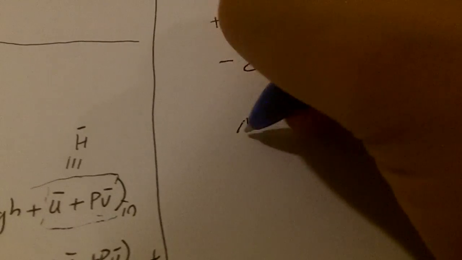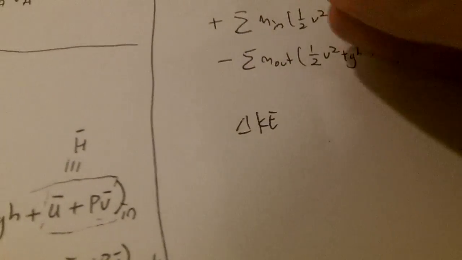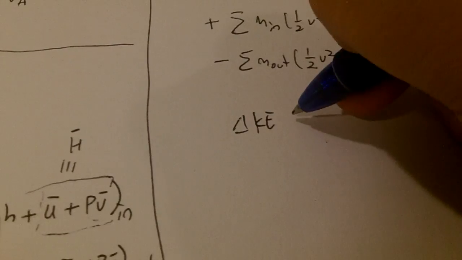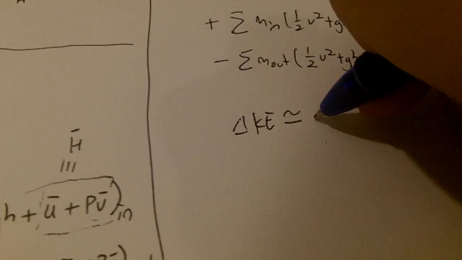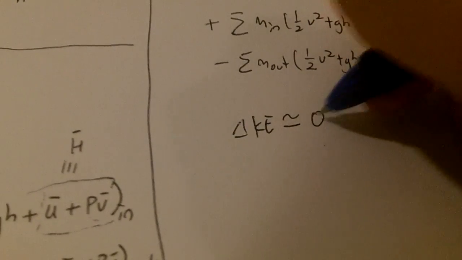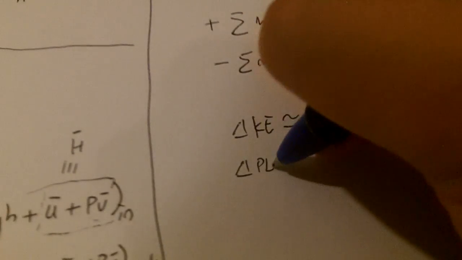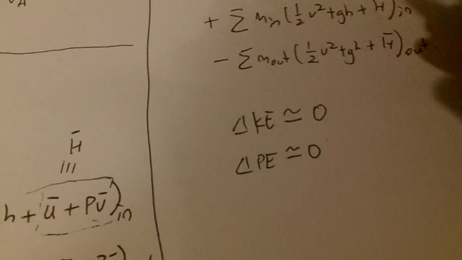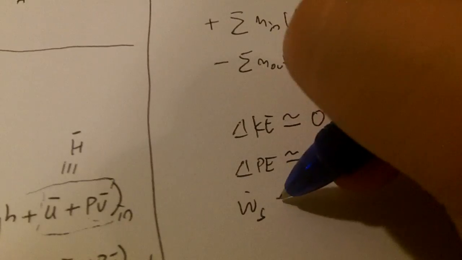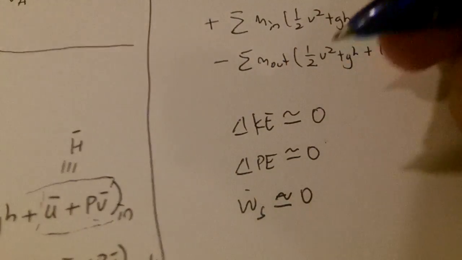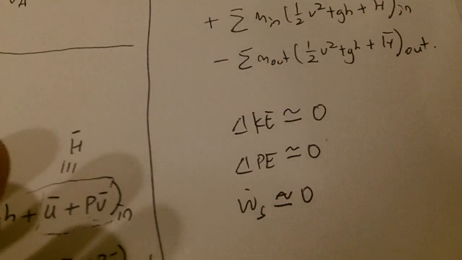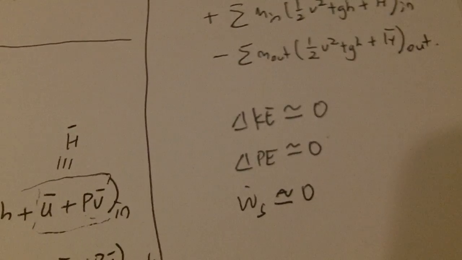Let's say the kinetic energy of the streams, the change is about 0. You can neglect that. You can neglect potential energy changes. You can neglect the shaft work. Let's say it's just a pipe or a reactor vessel or something like that.